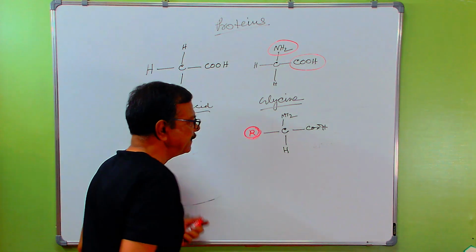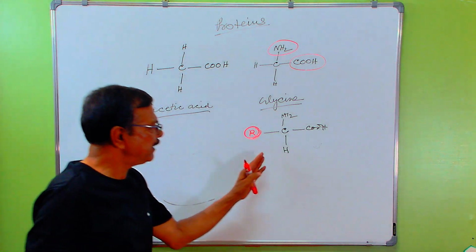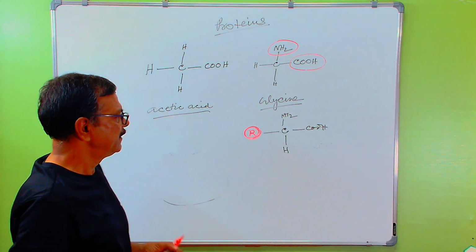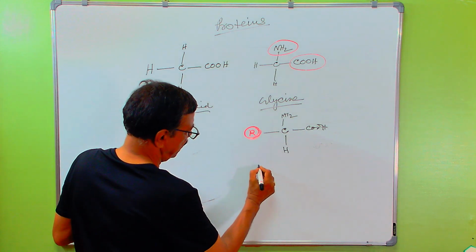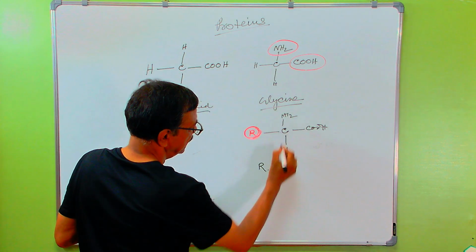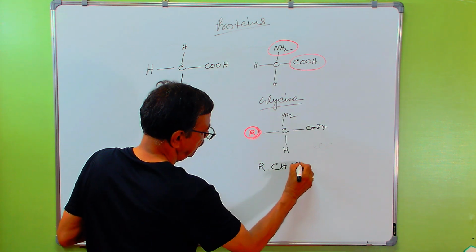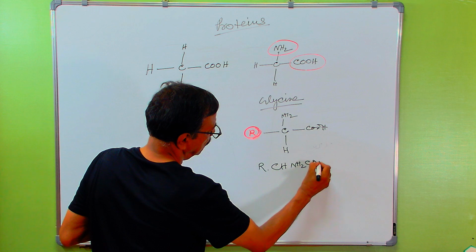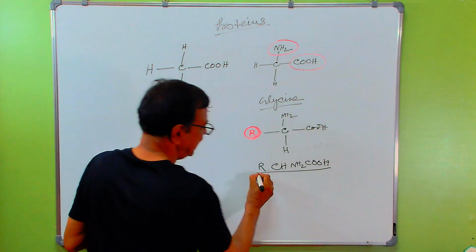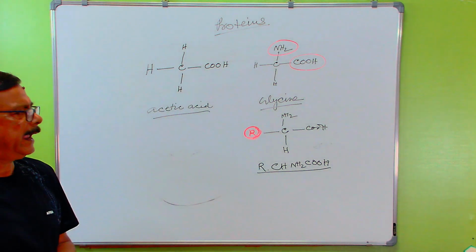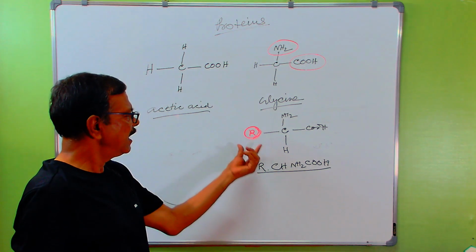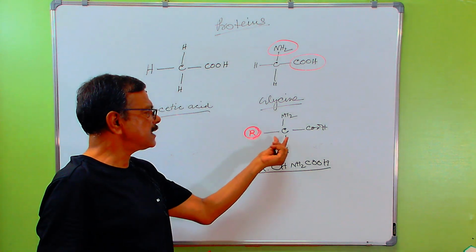So amino acids can be represented by the general formula R, CH, NH2, COOH, in which R is attached to a carbon atom.